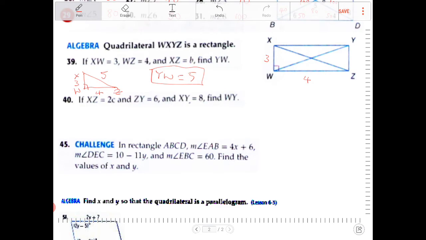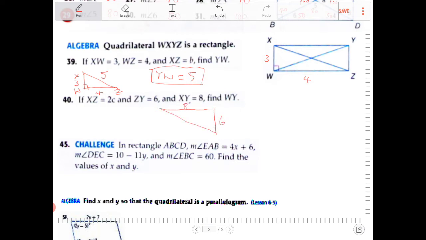If XZ is equal to 2C, ZY is equal to 6, and XY is equal to 8, find WY. Okay, so XZ is equal to 2C. I'm just going to draw it like this. ZY is 6.